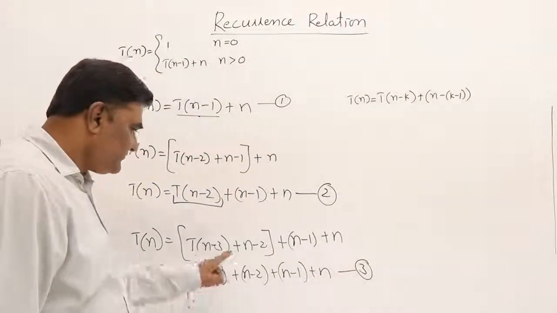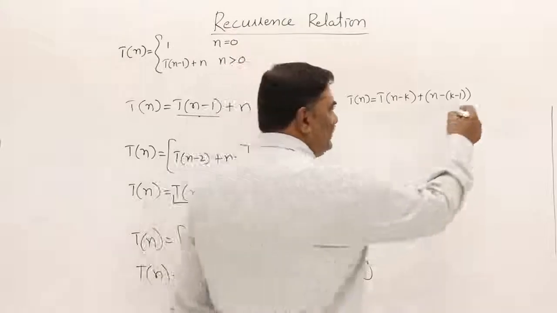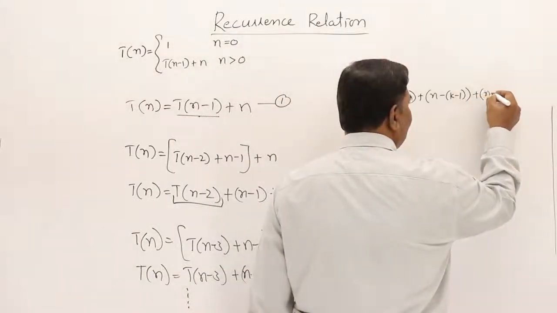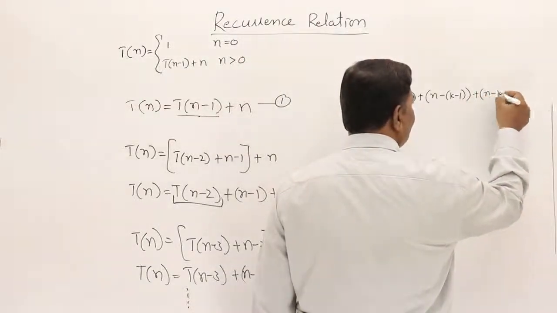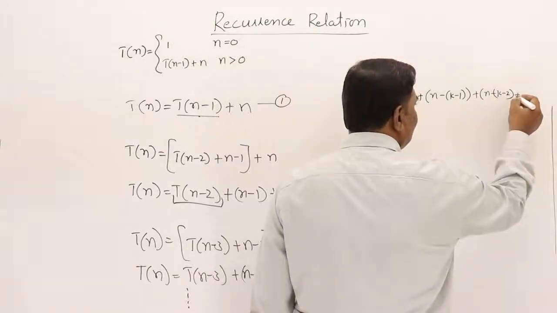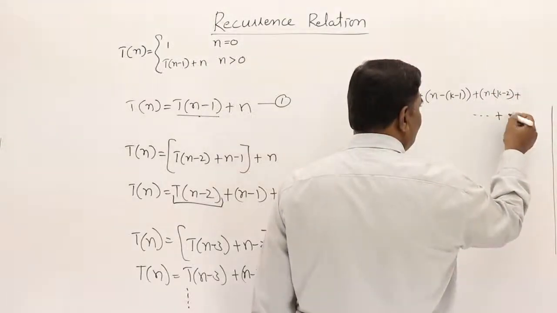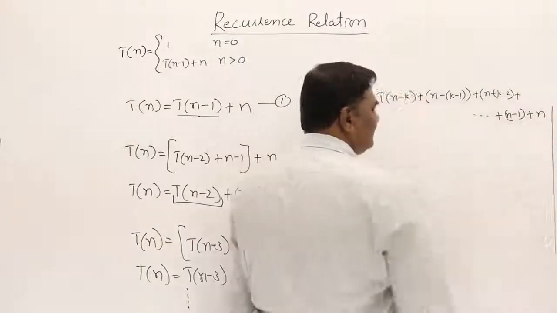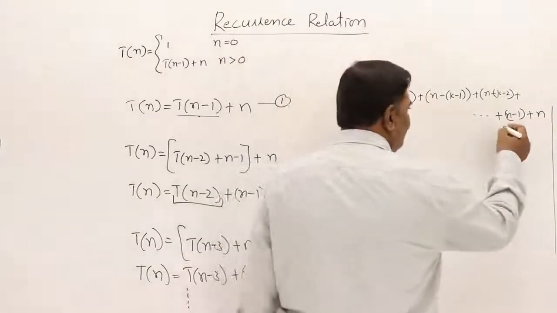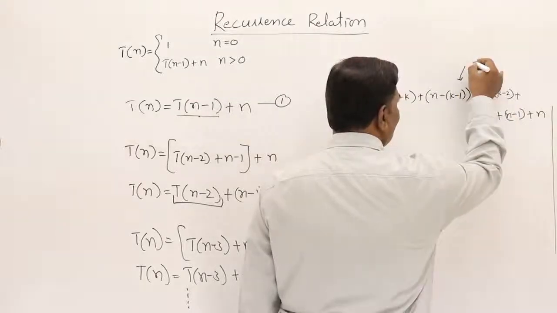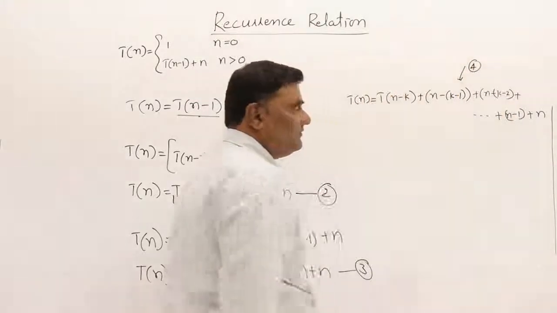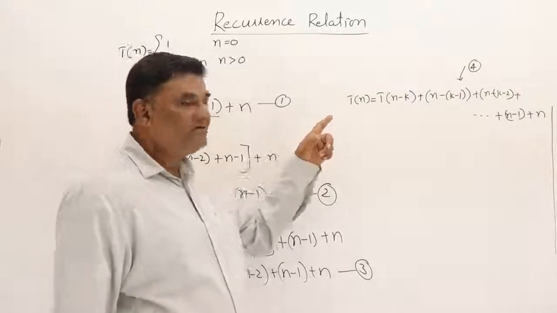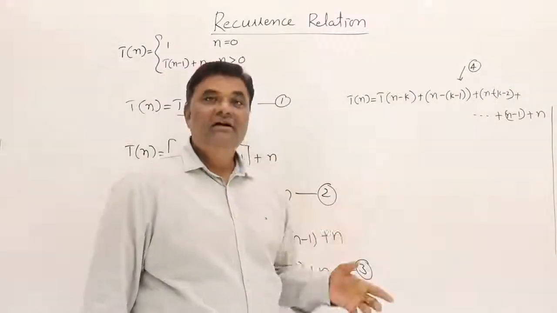This was 3, so that is 2. The next will be n minus k minus 2 and goes on to n minus 1 and n. So this is the fourth one I got, right? This is the fourth one. This is up to k.